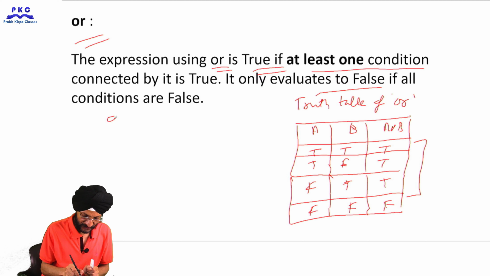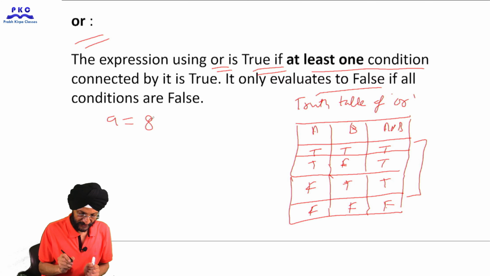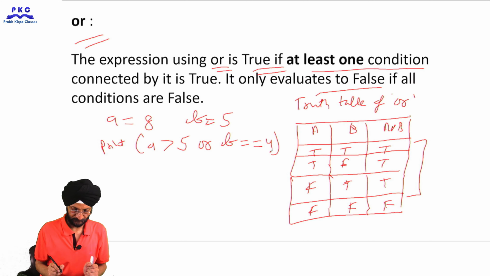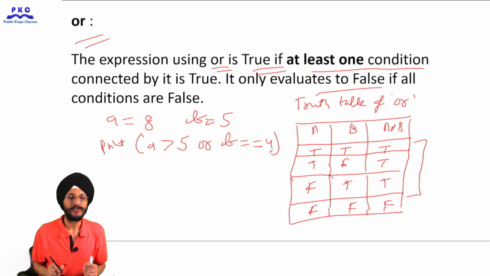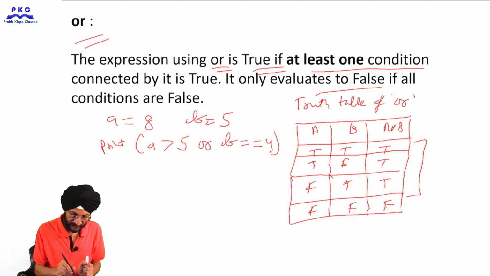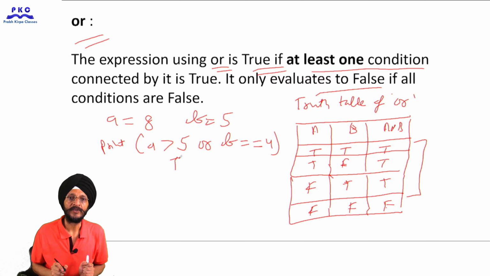We understand the same with the help of an example. We have A is equal to 8, B is equal to 5. We use the print function: A is more than 5 or B equals 4. So what is here? A is more than 5. What is given? A is equal to 8. It is true.